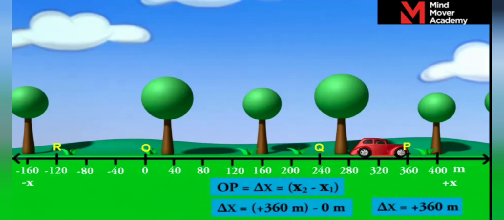The displacement has a magnitude of 360 meters and is directed in the positive x direction, as indicated by the positive sign.